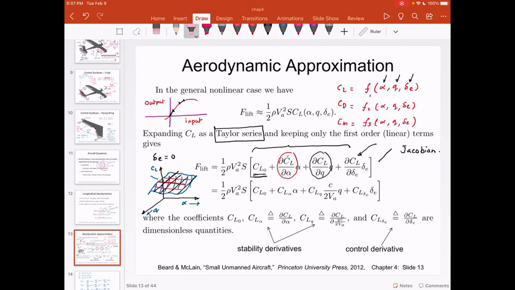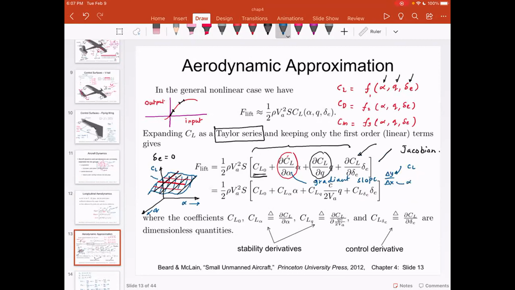Once again, partial CL divided by partial alpha is a gradient or slope, which is dy by dx, except dy is CL and dx is alpha.